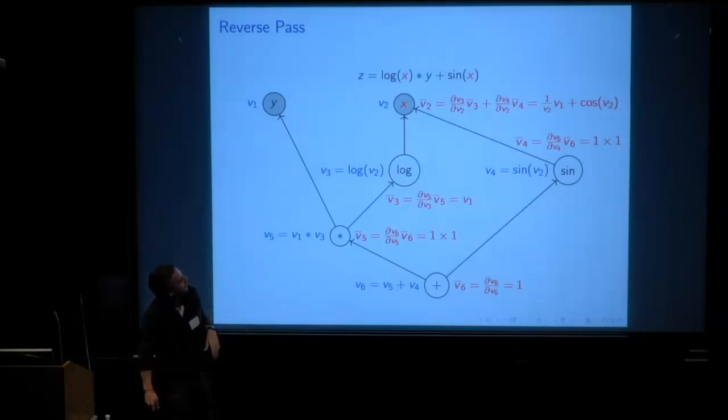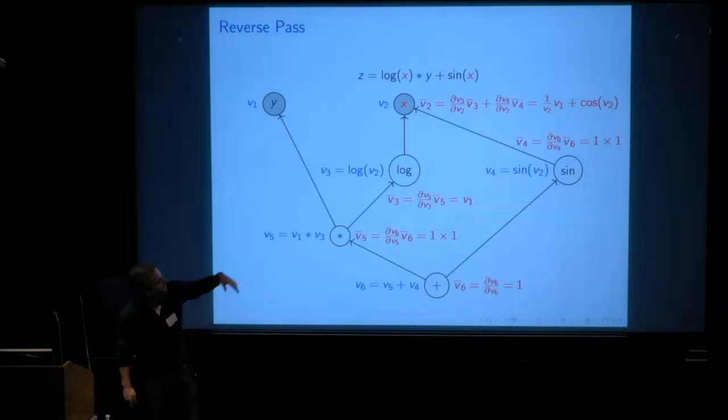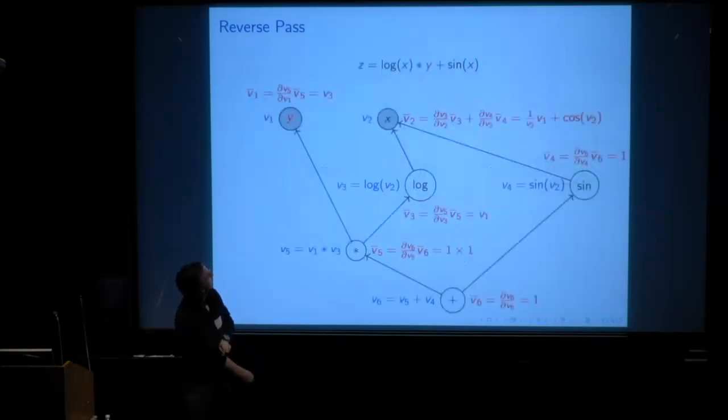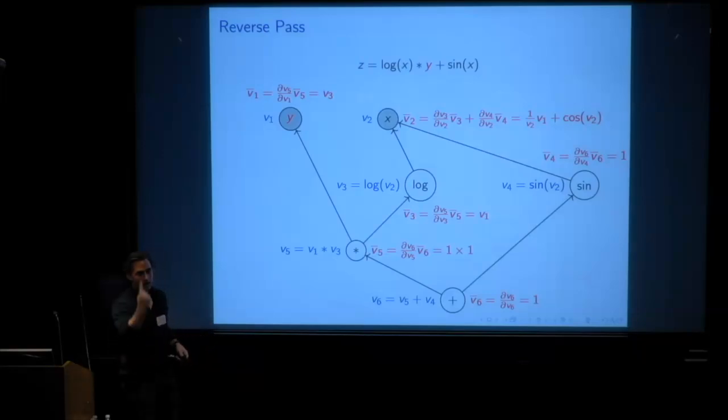We have the partial of V4 with respect to V2. And that's just going to be cosine V2. V4's adjoint is 1, so it drops. And so we get our full partial derivative equation there.